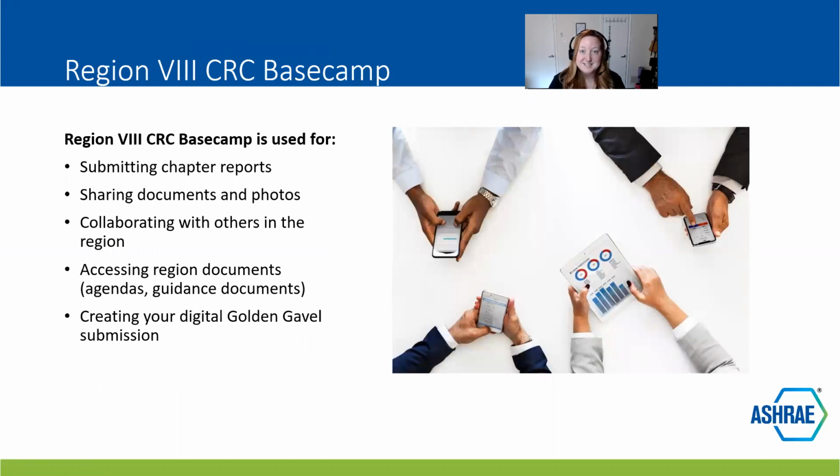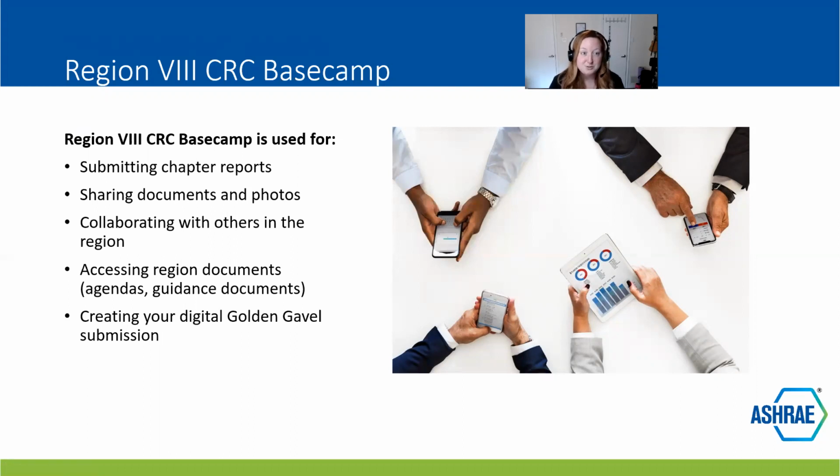The Region 8 CRC Basecamp is used for chapters to communicate with our region leaders and region leaders to communicate with chapter presidents, newsletter editors, delegates, and alternates. So what we generally see Region 8 CRC Basecamp used for is chapters submitting their reports to the DRC and then uploading copies of the RVC reports from specific chapter chairs into the Basecamp so that you have a complete collection of all of your reports that have been submitted to the region.